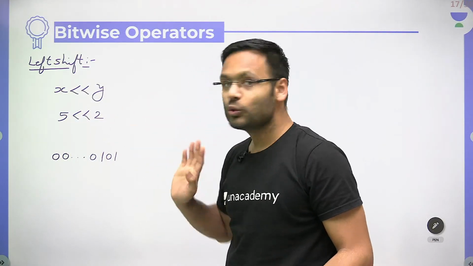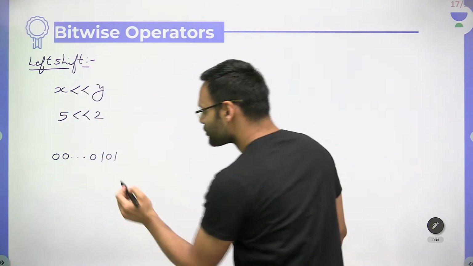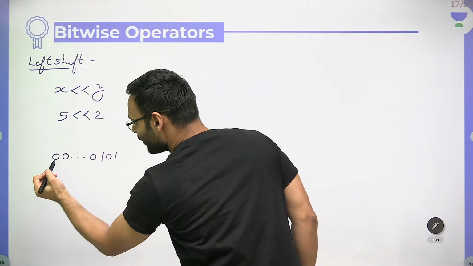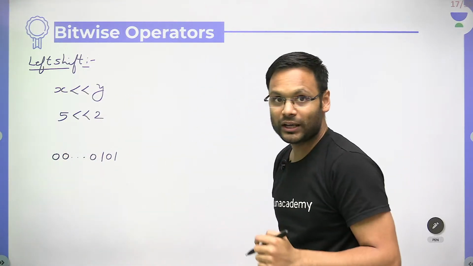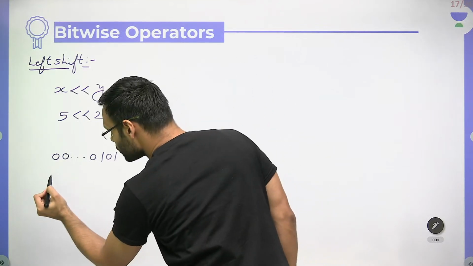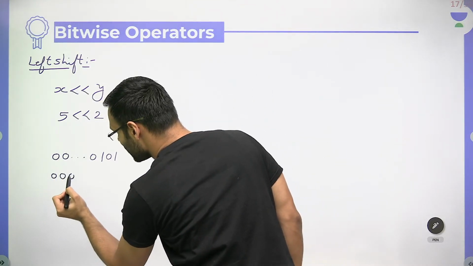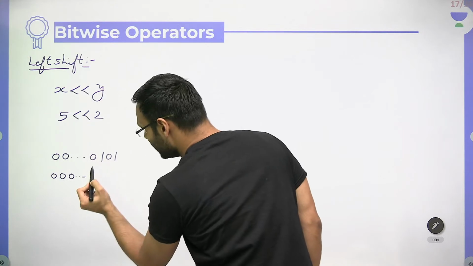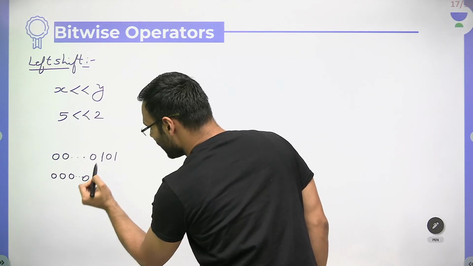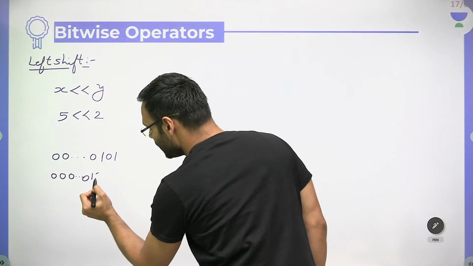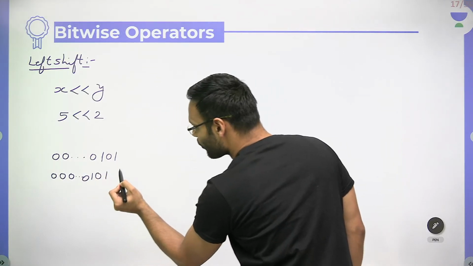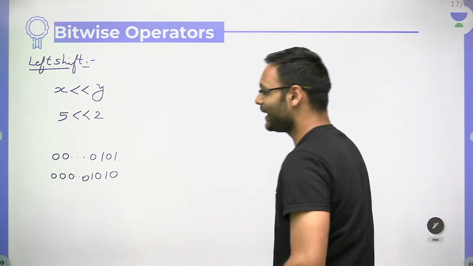I have to shift it 2 times to the left. If I shift 1 time left, the leftmost bit is gone because there is no space left. The remaining bits move left, so many zeros, then 1, then 0, then 1, and now the rightmost corner is free, so I can add another bit 0.